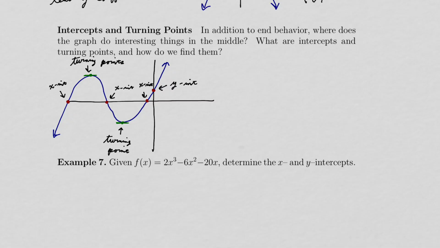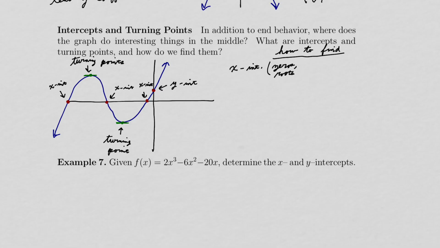So let me summarize how to find these things. I'll start with the x-intercepts, which are sometimes also called the zeros, or sometimes roots as well.